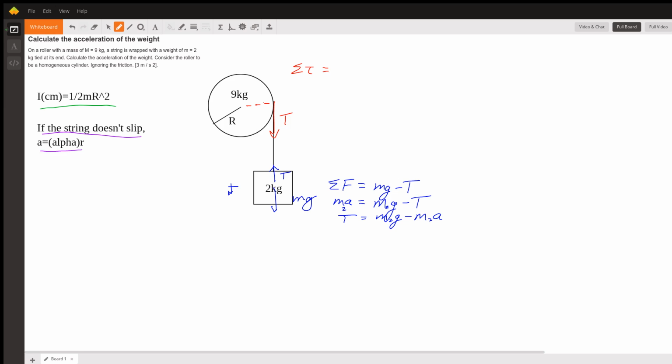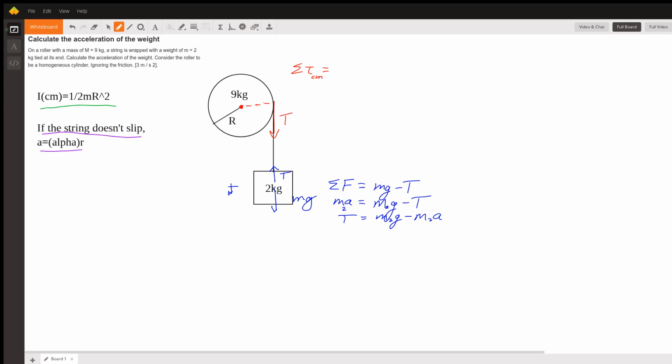Whatever force is holding it up is acting at the center of mass, and that's one of the many reasons I'm going to choose the center of mass as the reference point. The other one being that I know the moment of inertia relative to the center of mass. When I look at the torques acting on the cylinder, there's just the one caused by tension.